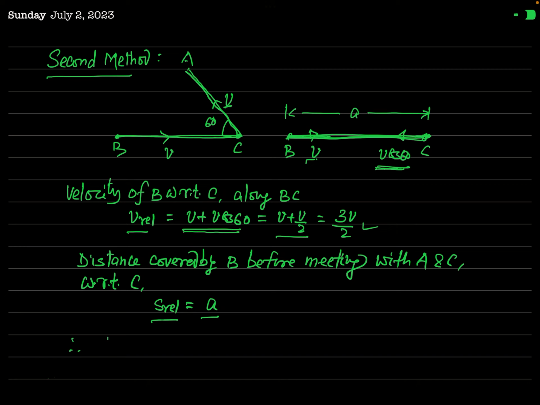Therefore, the required time of meeting will be S relative divided by V relative. You know that S relative is a and V relative is 3V by 2, and so this is 2a divided by 3v. You can check, the answer is the same.